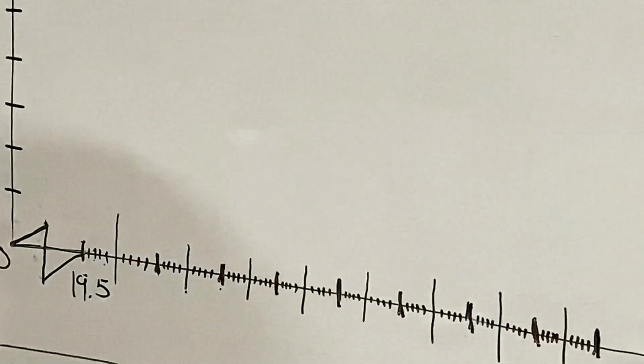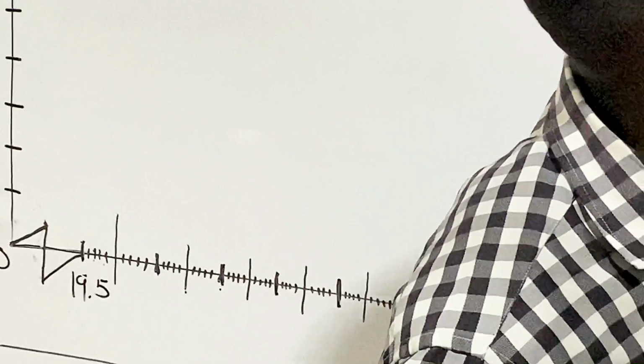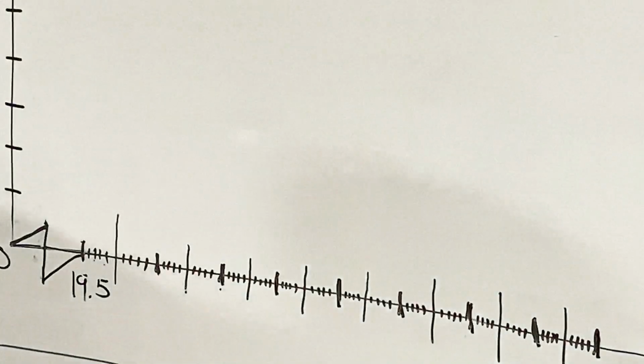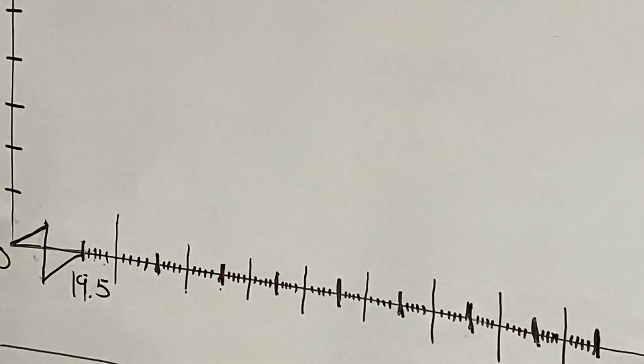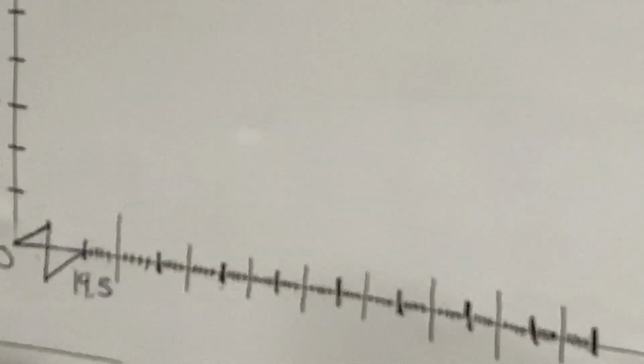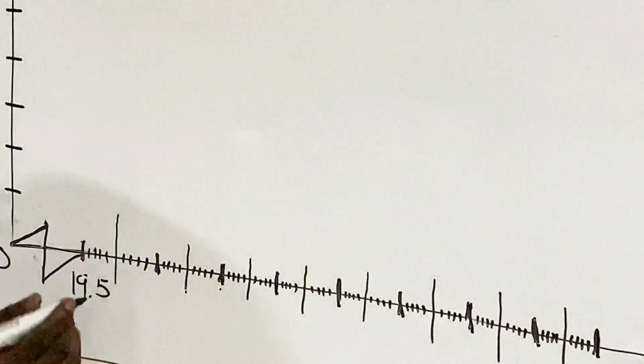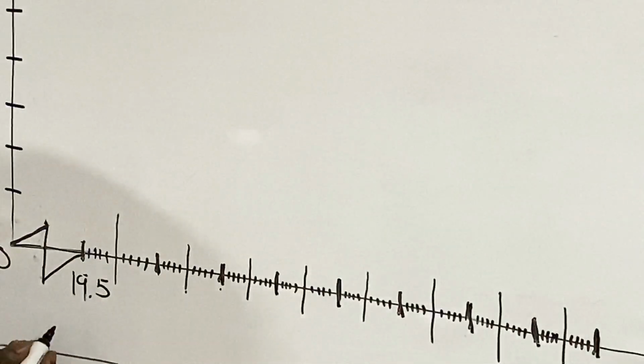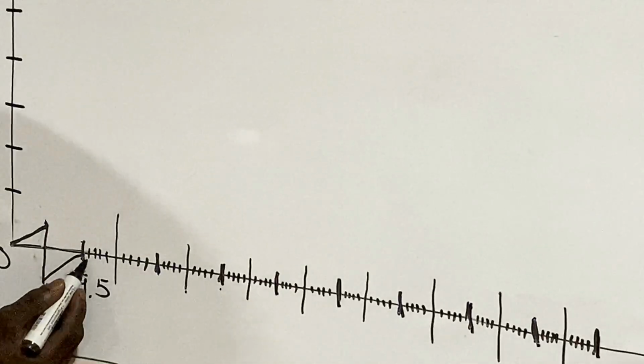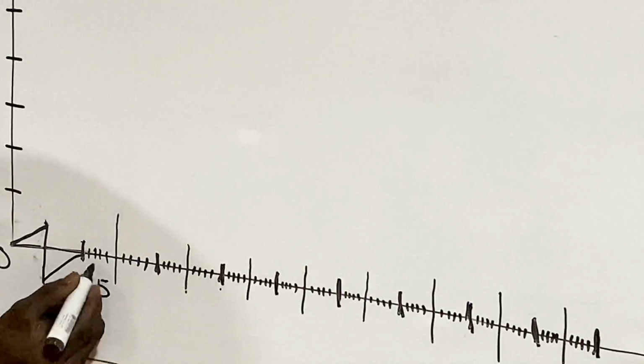So now let's look at it. You could see that from 19.5 to 25.5, we are going to count 6. This is how we are going to do the counting. This is 19.5. But let's look at where the 25.5 will be after counting 6. When I'm counting, I am not going to count this as 1, no. I'll skip this and this will be my 1.